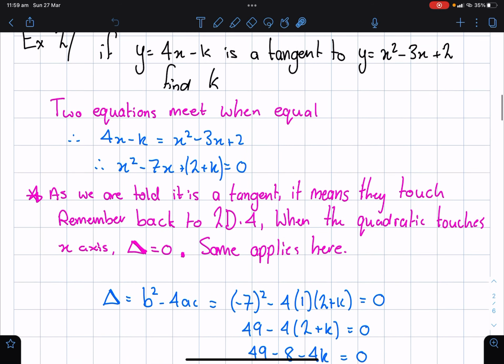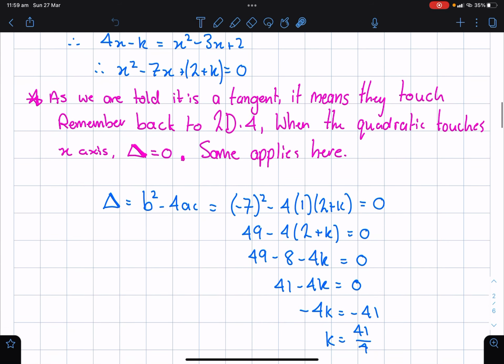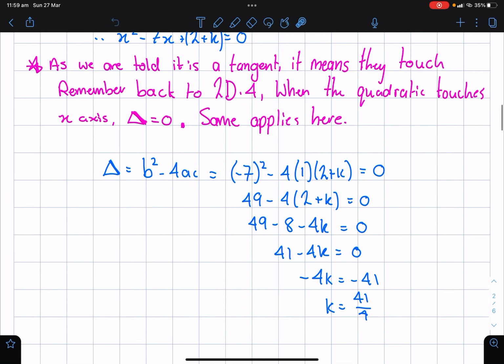And we're just going to slowly solve for k. Multiplying this 4 into both terms, solving our constant terms without our variable, taking that from both sides, and then dividing through by -4.